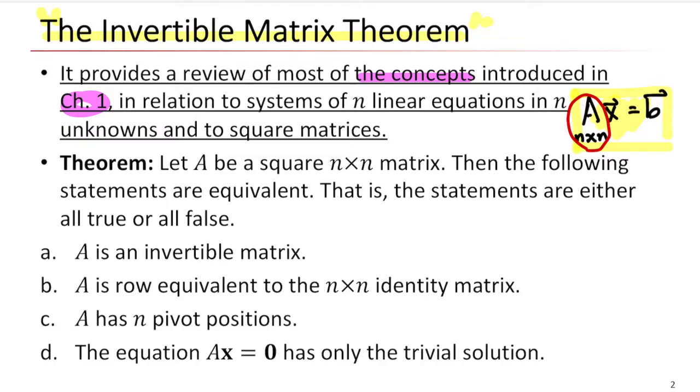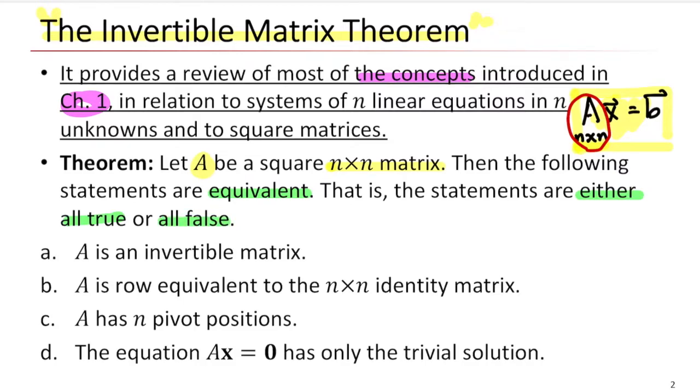Okay, here is a theorem. Let's discuss a matrix A that is an n by n square matrix. Then the following statements are equivalent, meaning the statements are either all true or all false. What does it mean?